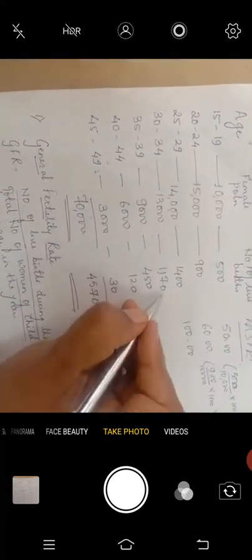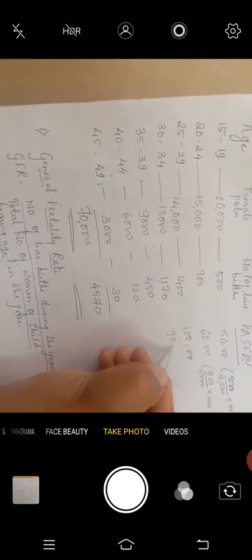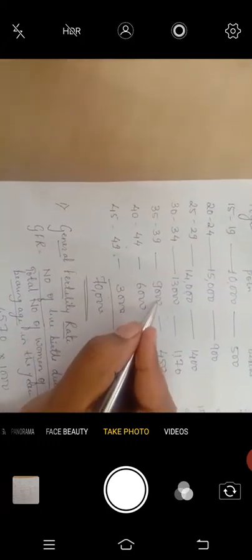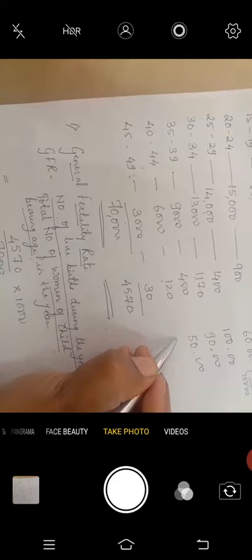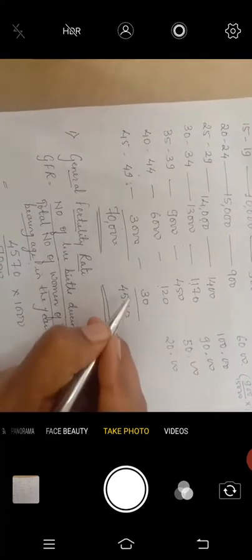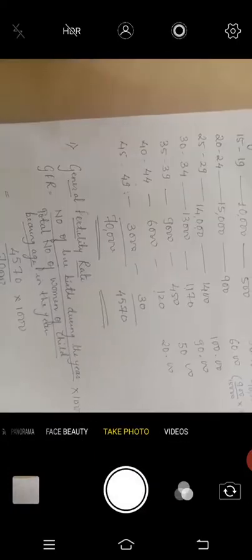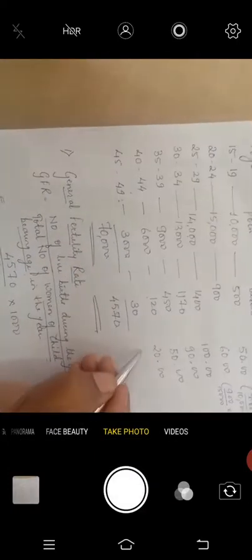So 1400 divided by 14,000, answer is about 100. 1170 divided by 13,000, answer is 90. 450 divided by 9,000 into 1000 is 50. 120 divided by 6,000, answer is 20. 30 divided by 3,000, answer is about 10.